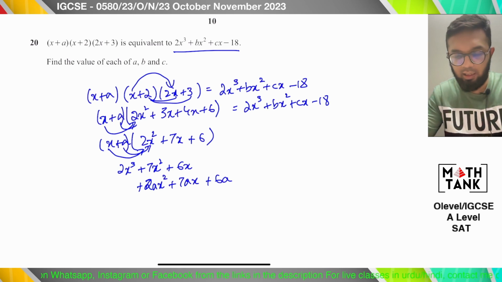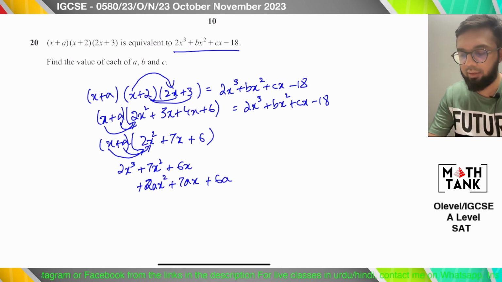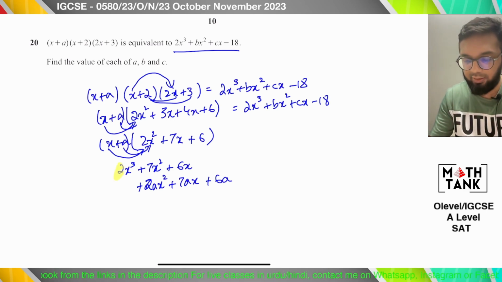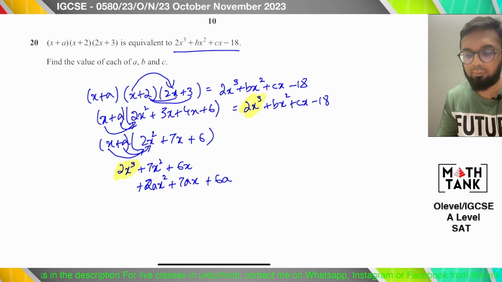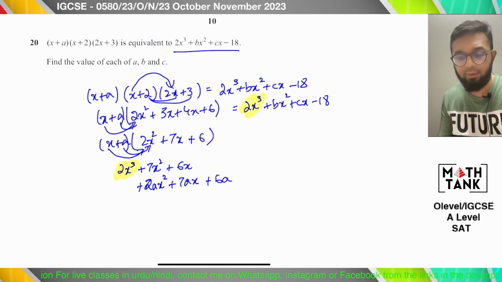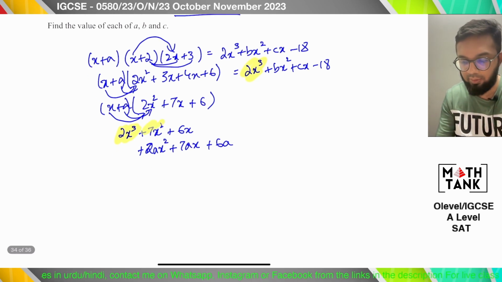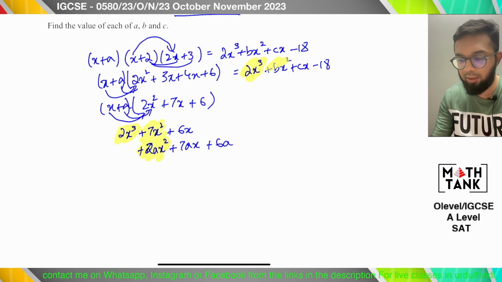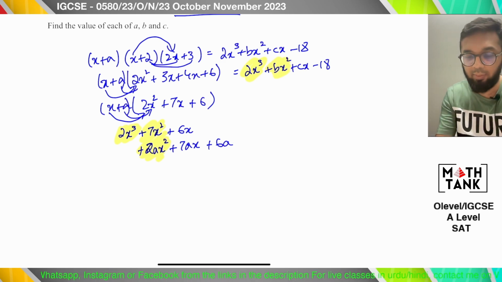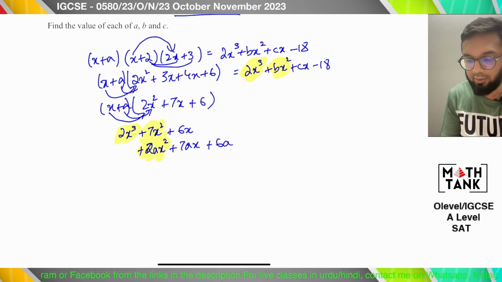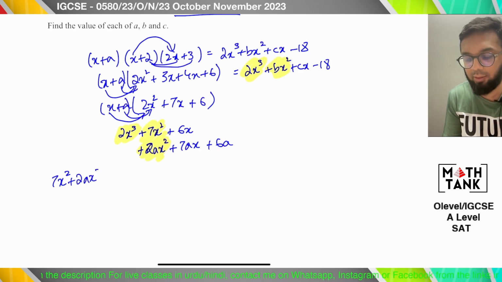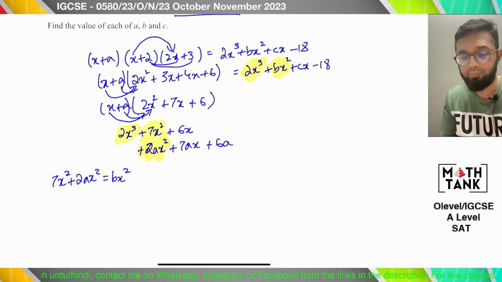So when you've done that, you start comparing. Your first term should equal the first term here. Is that valid? Yes, that's valid. So the second term should also equal the second term. Your second term is a combination of two terms. The second term on the other side is also a combination of another unknown. So 7x squared plus 2ax squared should equal bx squared.